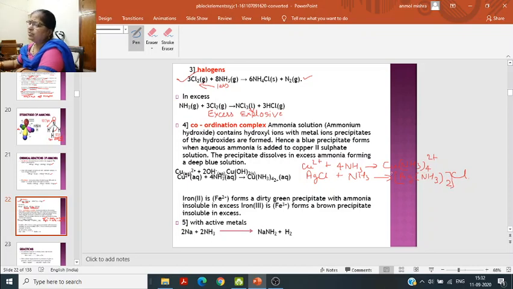This is tetraammine copper ion. So when we do the practicals in group 2 for the analysis of copper, we use ammonium hydroxide. In group 3, aluminum, iron, chromium, again ammonium hydroxide is used. They are precipitated in the form of hydroxides.